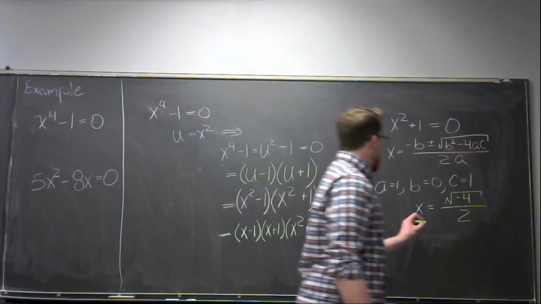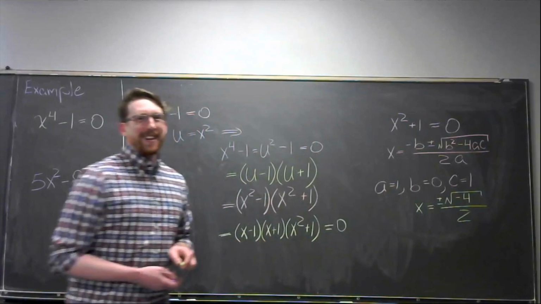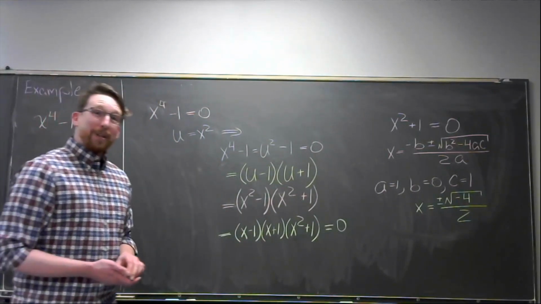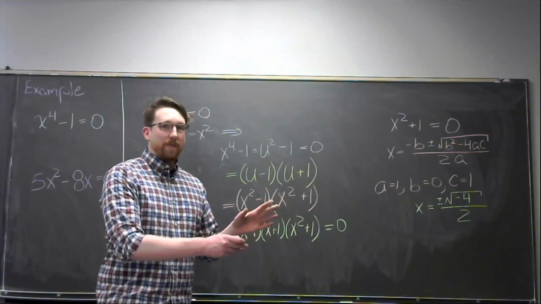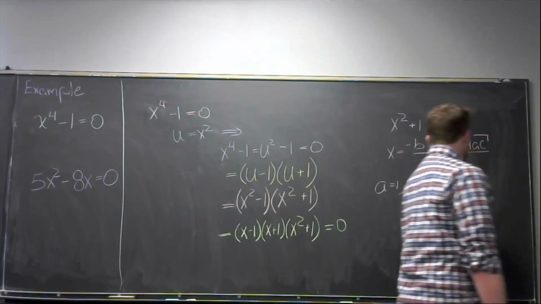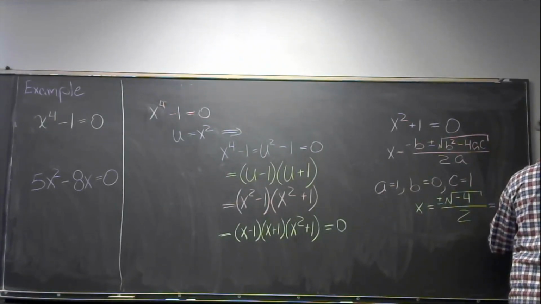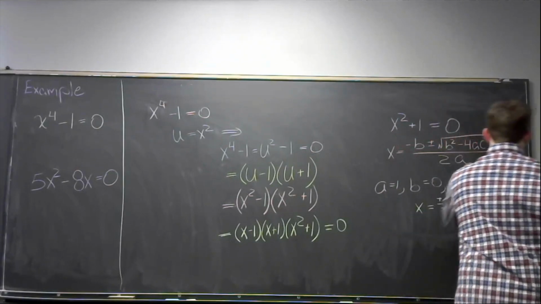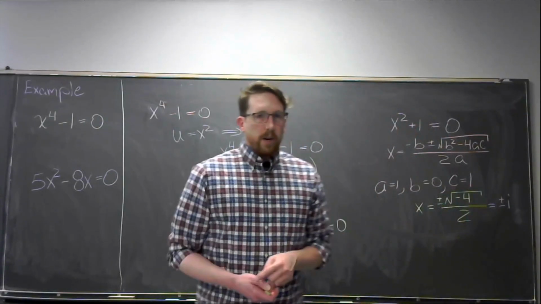Almost, because I had a typo up here, plus or minus. I just realized it as I was saying it. So x is equal to plus or minus the square root of negative 4, all of that divided by 2. Well, that means this whole monster is going to be equal to plus or minus imaginary 2. My mistake, just imaginary 1. Or just the imaginary number.